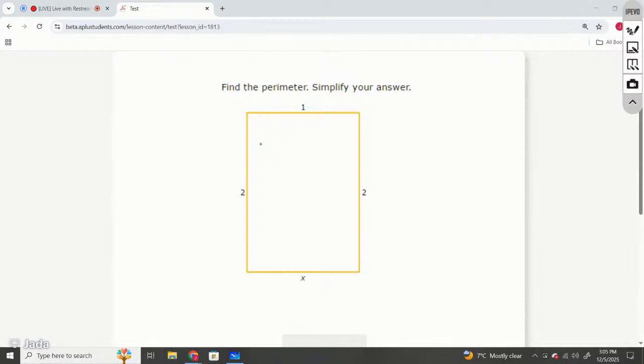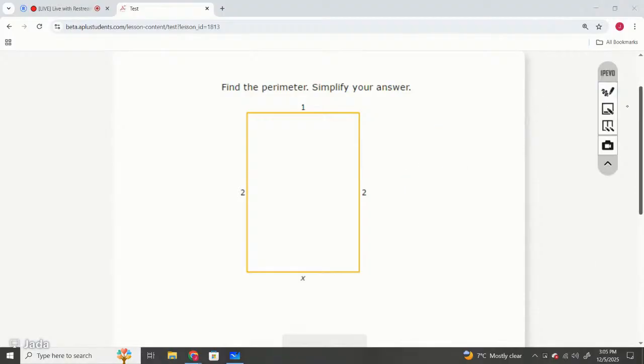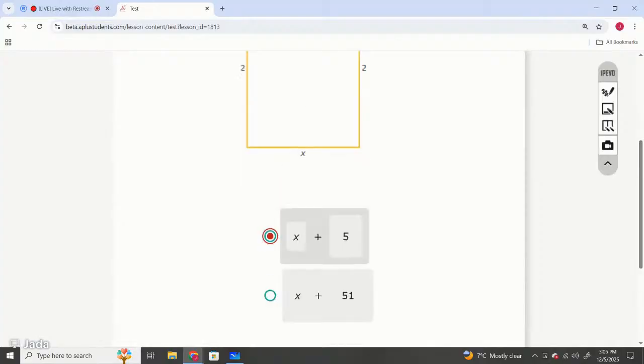P is equal to 2 plus 2 plus 1 plus q. That equals q plus 5. Option number 1 is the correct option.